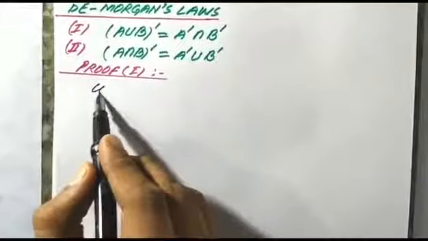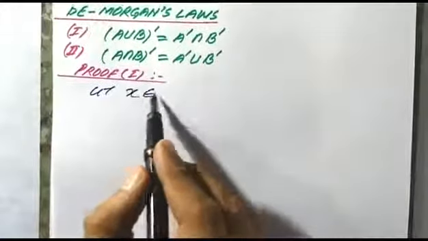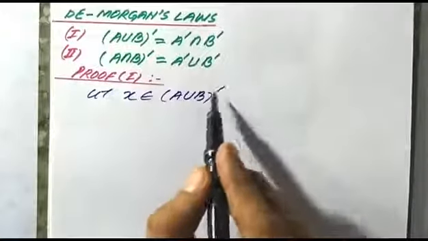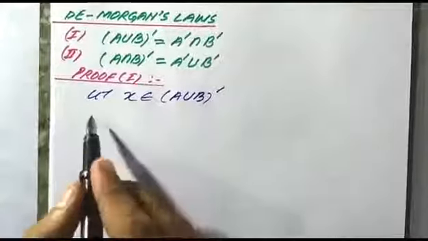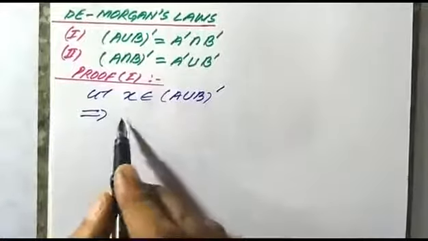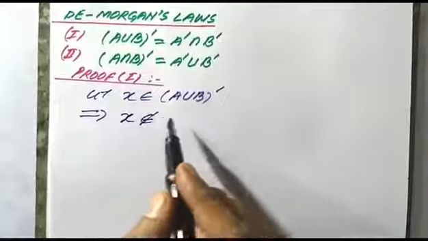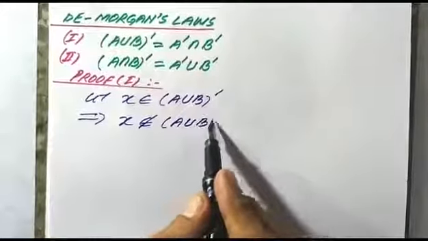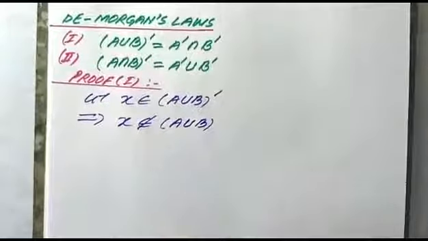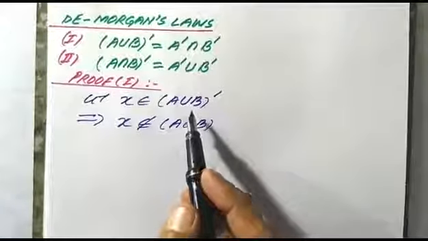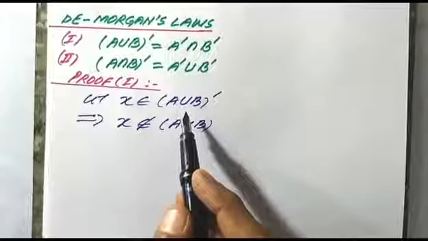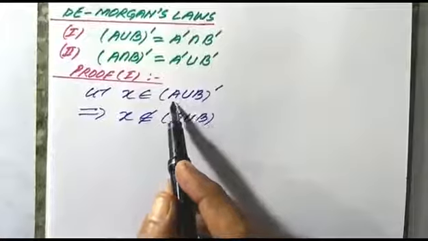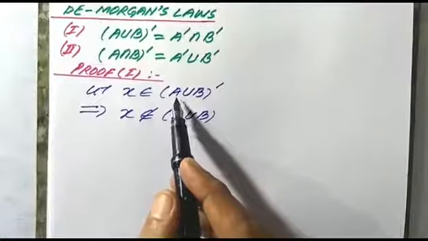Let X belong to (A union B) complement. It implies that X does not belong to A union B. As you know, the complement of a set is a set which contains all the elements of the universal set which are not in the set whose complement we are taking.